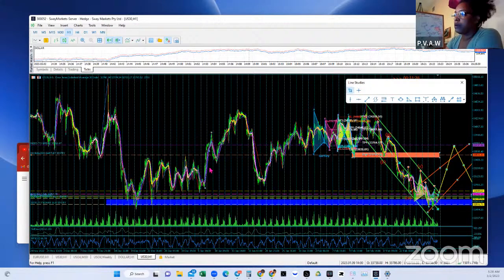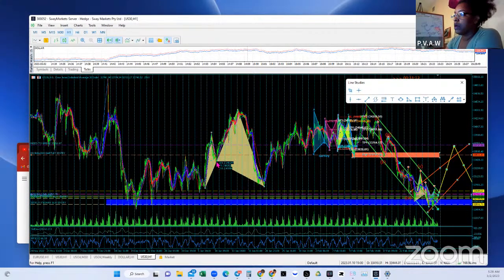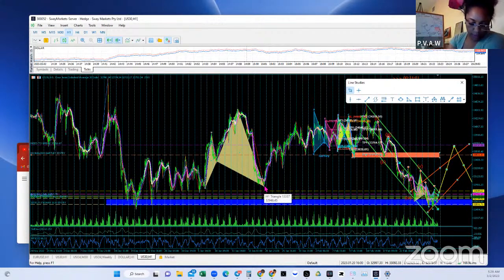When this pattern went up, when we got this bullish pattern right here, right? And this was what? January 20th right here, where it went back up.